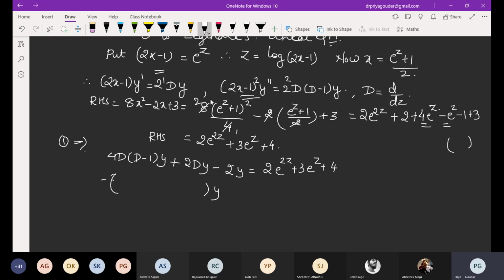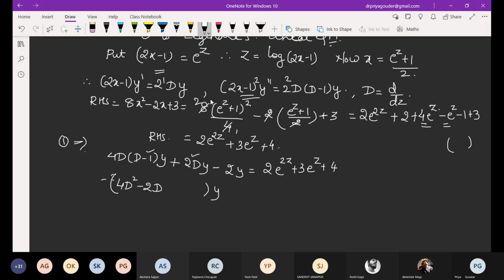Okay, yeah, this is minus 2y. Take y common and write it. What will we get? 4D into D is 4D square. 4D into minus 1 means minus 4D, plus 2D. Minus 4D plus 2D is how much?